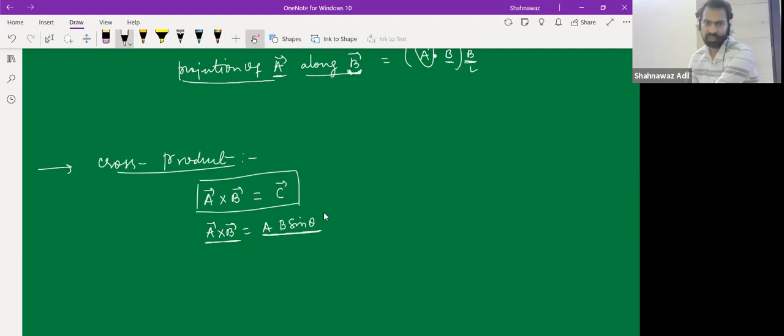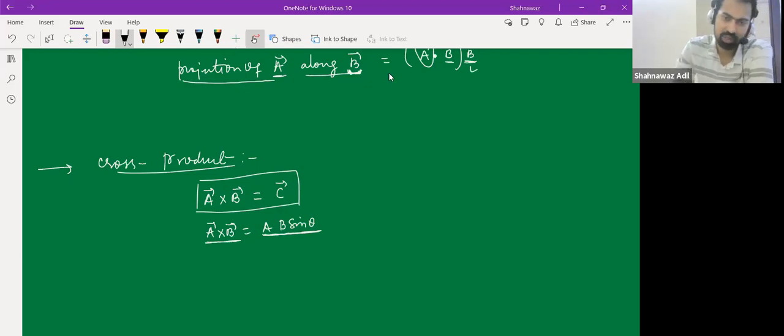Is AB sine theta a scalar quantity or a vector quantity? Do we have anything which represents direction in this part? Scalar quantity. Yes, correct.